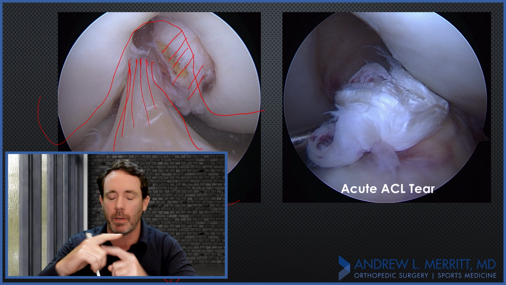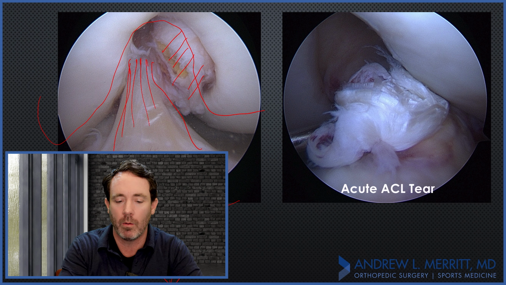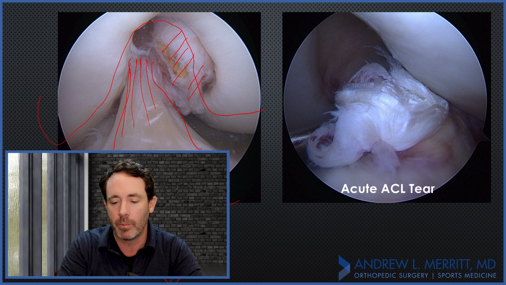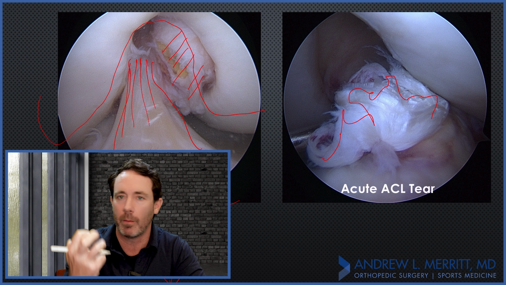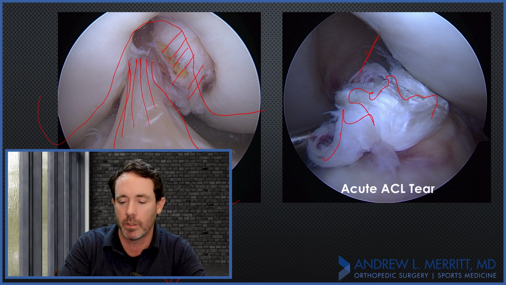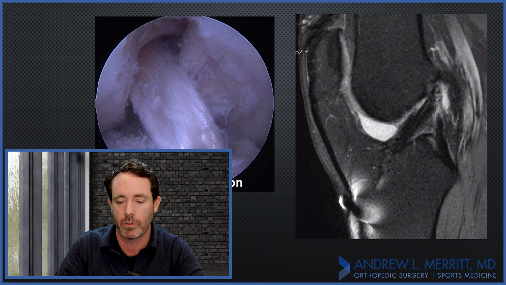They kind of cross by each other. So when we would feel this in surgery, it would be very taut, like bowstring tight. And then when we get to an ACL tear, this would be more like that second one where we just have that big clump of tissue in the front of the knee. And you can again see there's nothing crossing up to the top of the knee. So this is what an acute ACL tear looks like at the time of surgery.